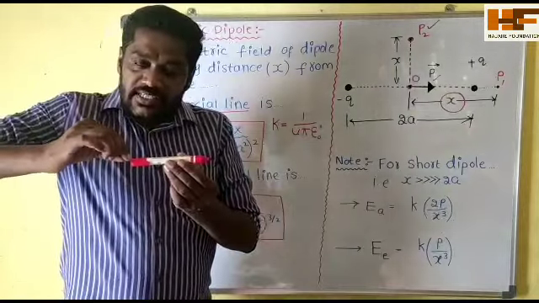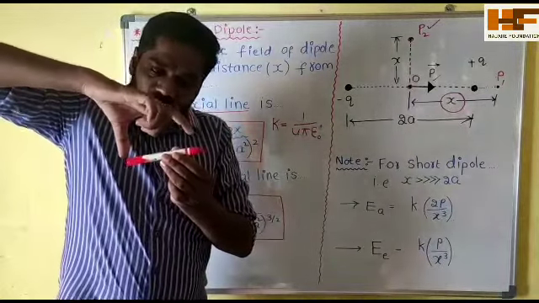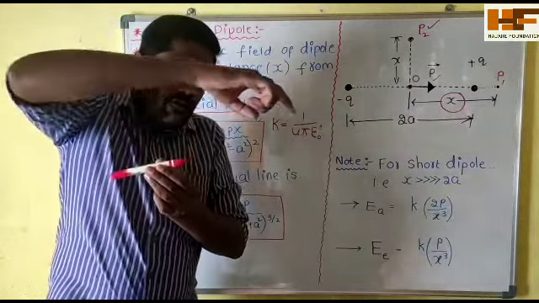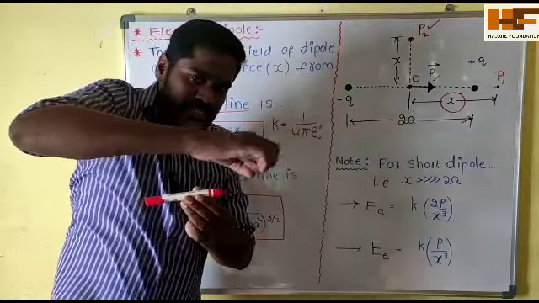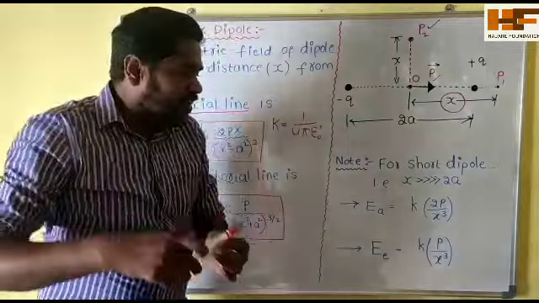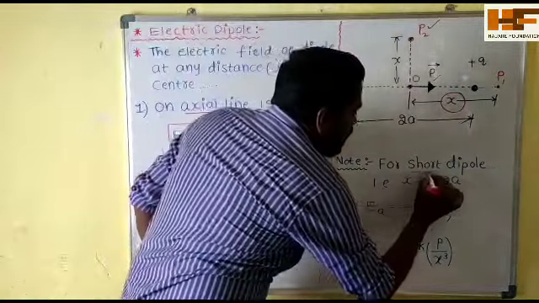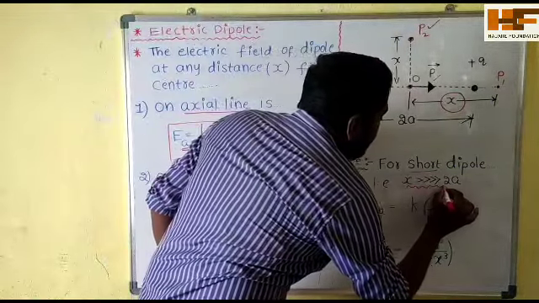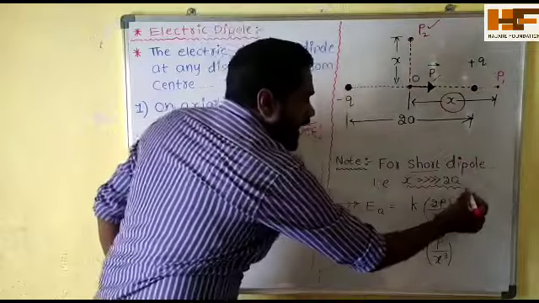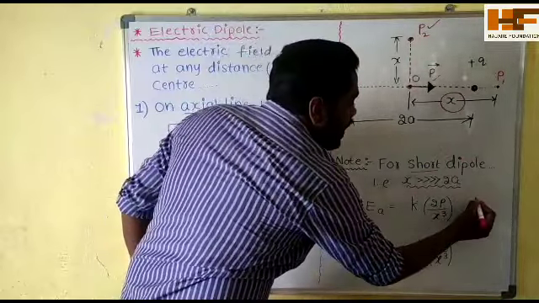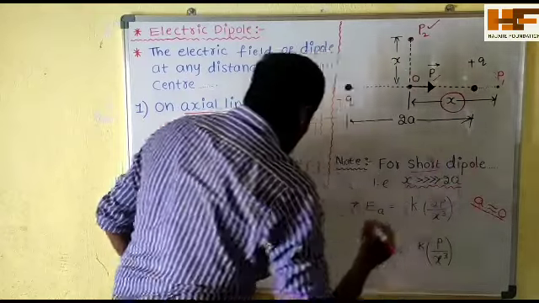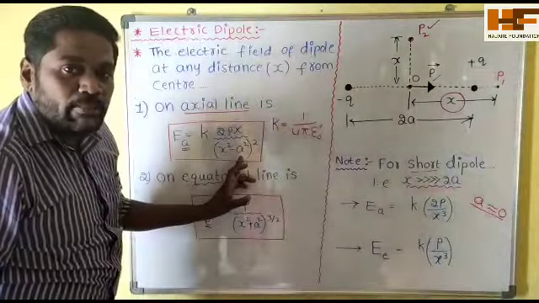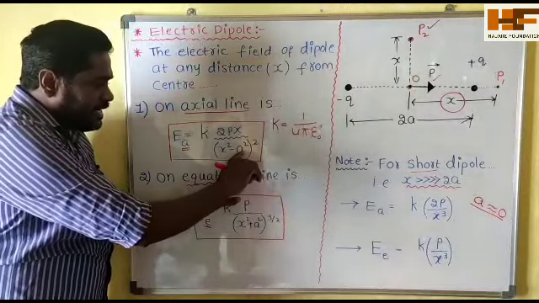For example, this is the first charge and this is the second charge, so the separation is 2a. Compared with the distance to point P1, this 2a distance is very small. So for a short dipole, x is much greater than 2a, and you can take a as nearly equal to 0 in the denominator.